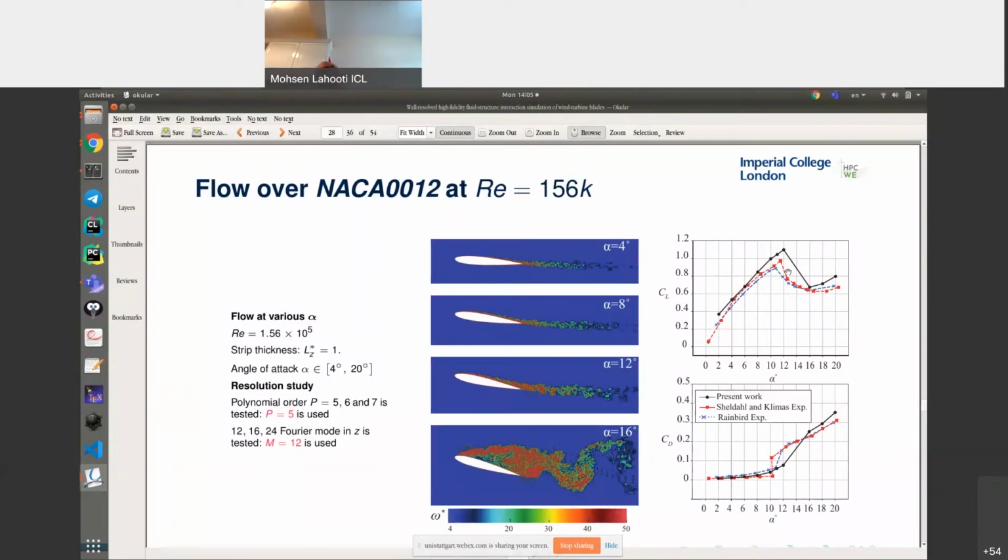We didn't use perturbation at first for this computation, and transition is happening there, so the flow is possibly more sensitive to this level of turbulence, and that results in a difference between our prediction and the experimental result. However, in deep stall, we get close to the experiment again.